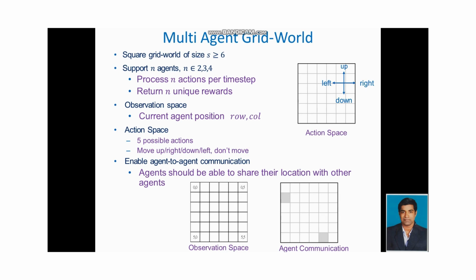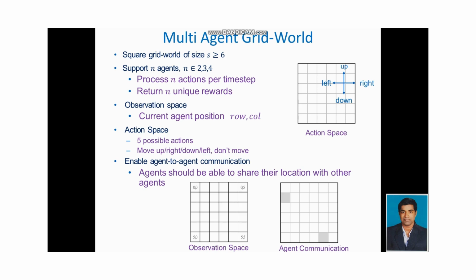Multi-agent grid world. A square grid world of size S greater than or equal to 6. Suppose n agents, where n is an element of 2, 3, 4. The process takes n actions per time step and returns n unique rewards. So we can see the action space, observation space, and agent communication, all three in the diagram.